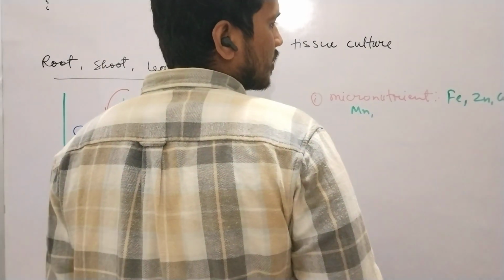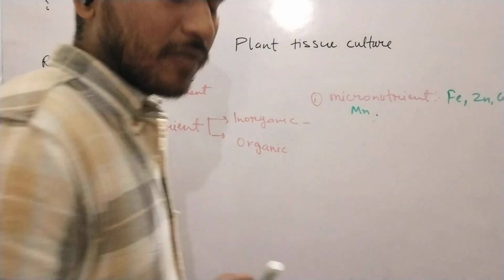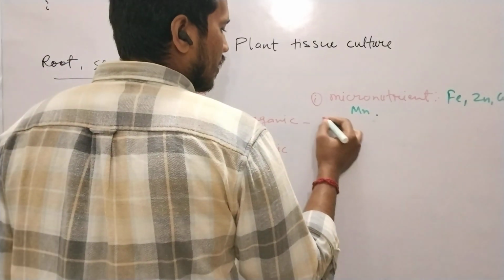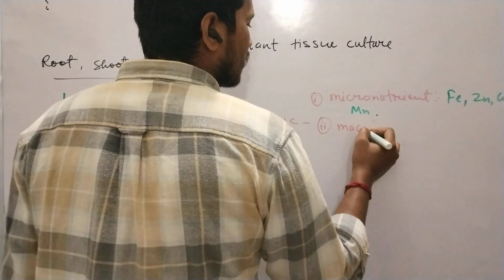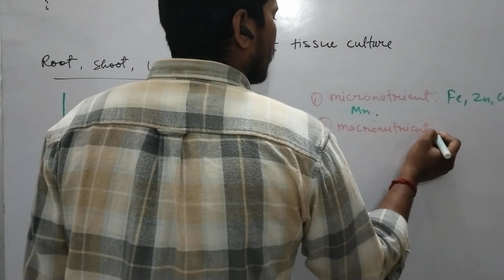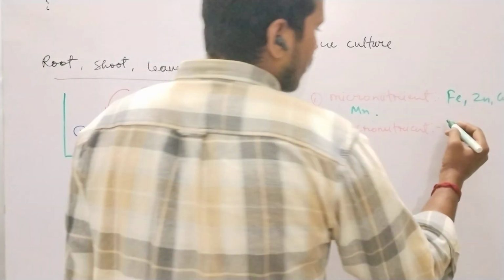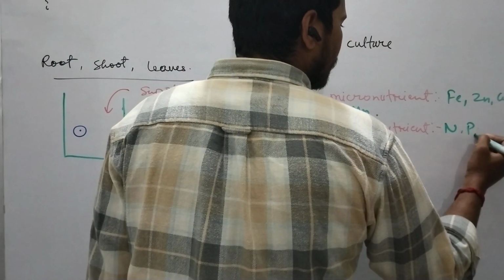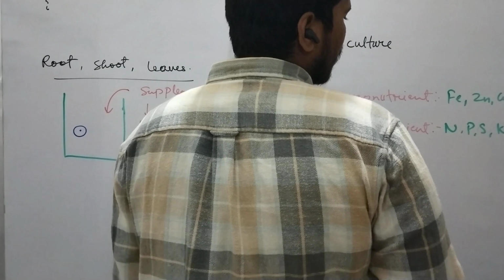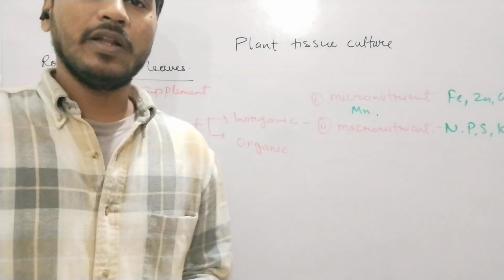These are the micronutrients which we have to provide. And the second is macronutrients. Macronutrients are nitrogen, phosphorus, sulfur, potassium. These are all macronutrients.